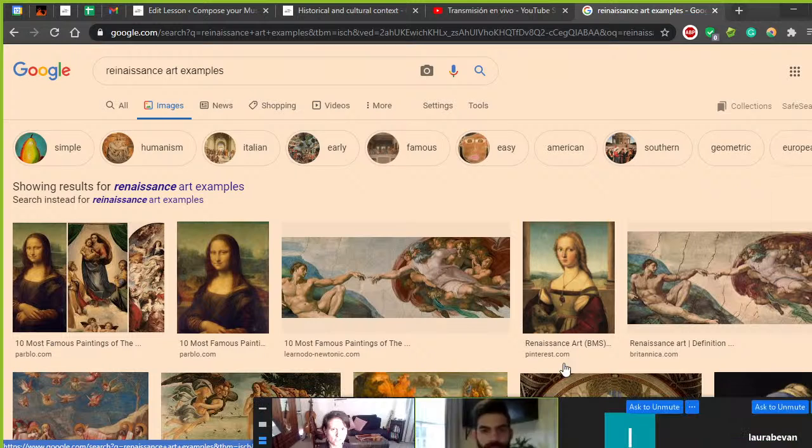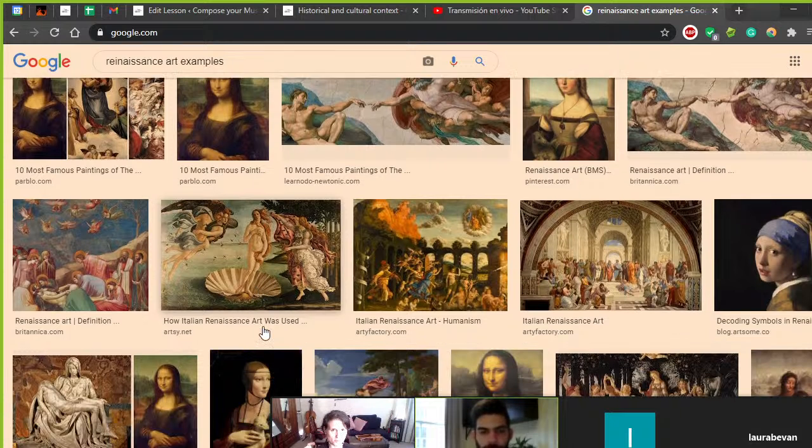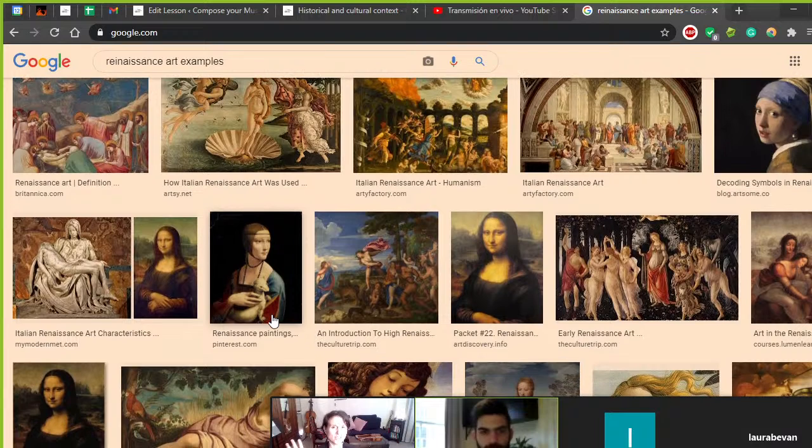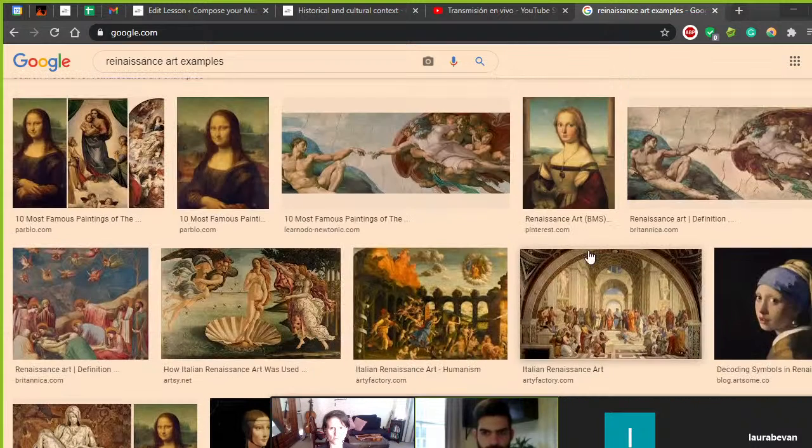Even if you don't know the names of the painters or the names of the paintings, you have seen this, I'm sure. This you have seen, this you most probably have seen, this one, yes.